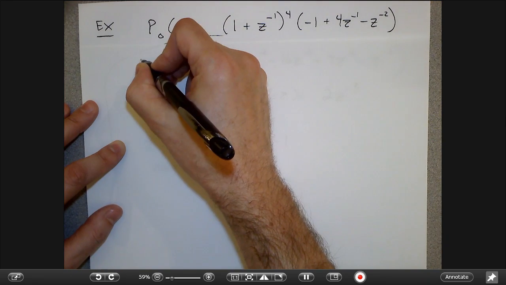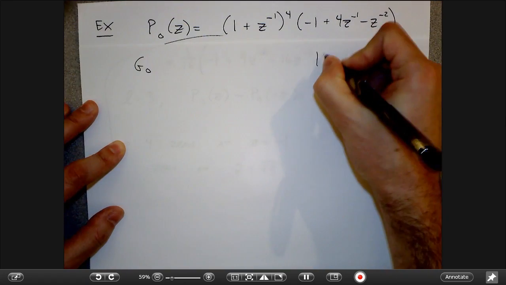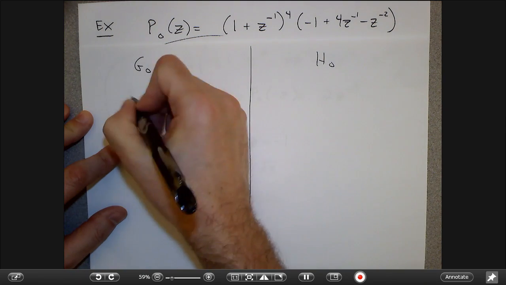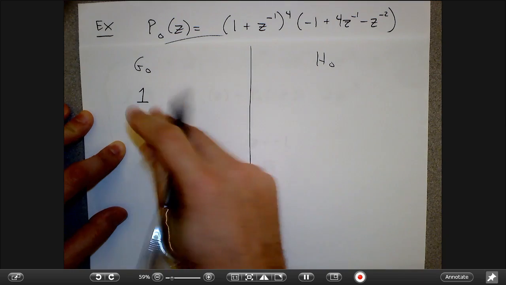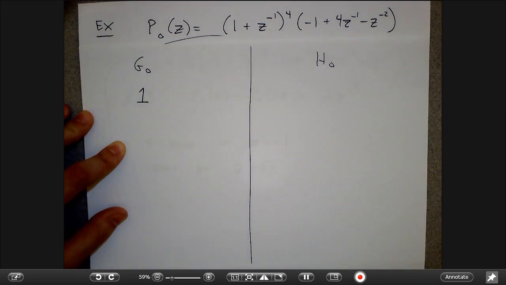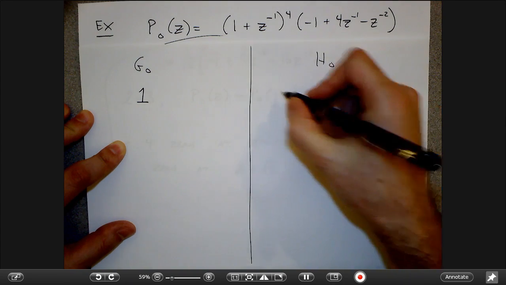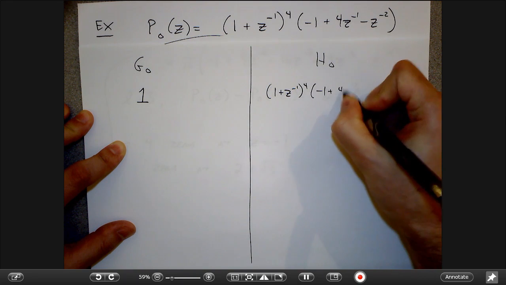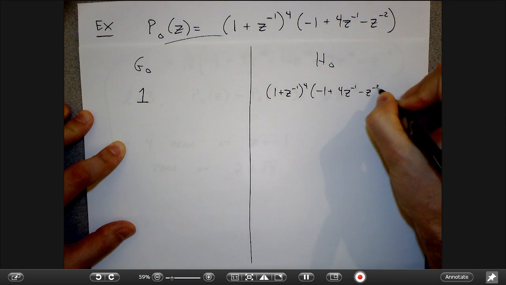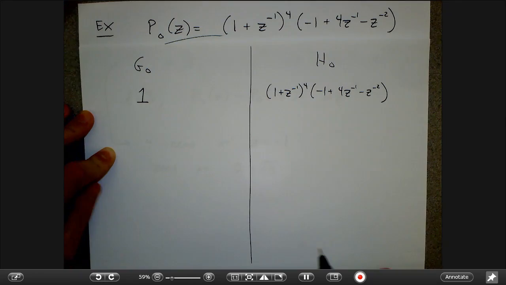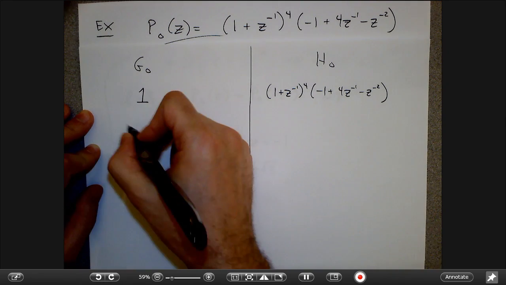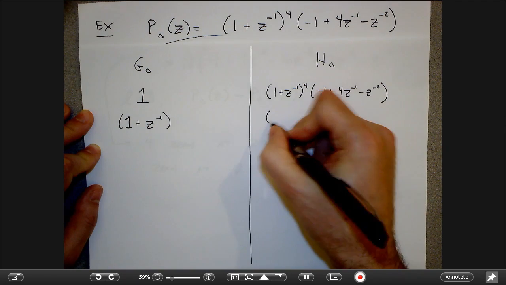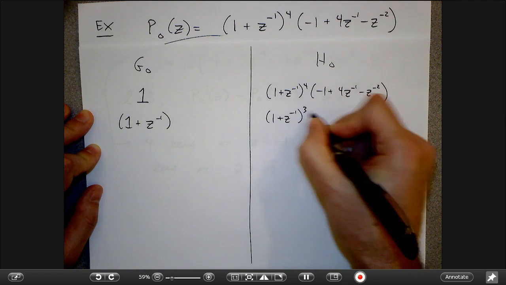That's like saying, okay, if I have G0 and H0, well, one possibility is I could just have one of these filters be 1. That's like just passing the signal straight through. And the other signal would have all the zeros. Or I could say, okay, I'm going to take one of these guys over here, and then I'm going to leave all the rest of the zeros over here.